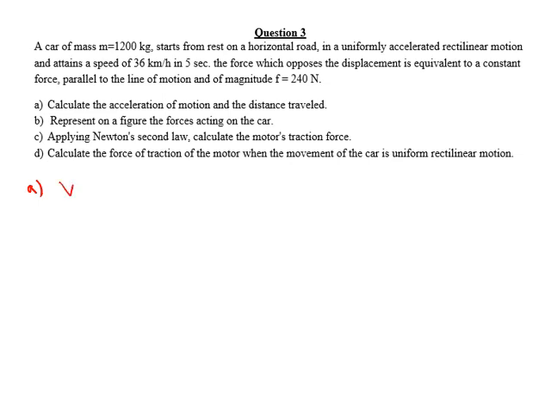To find the acceleration, v equals at plus v0, where the initial speed v0 is 0. Then a equals v over t, equals 10 over 5, equals 2 meters per second squared.